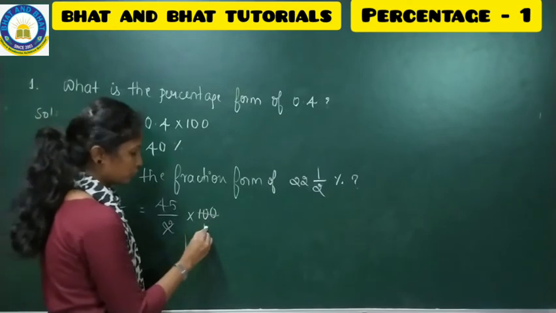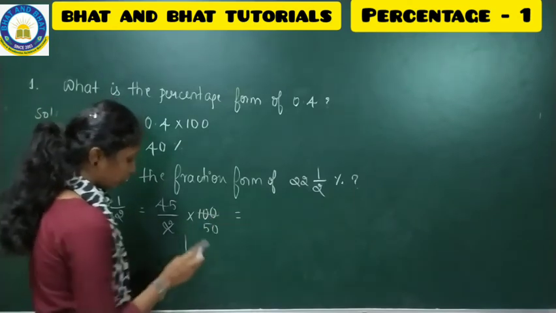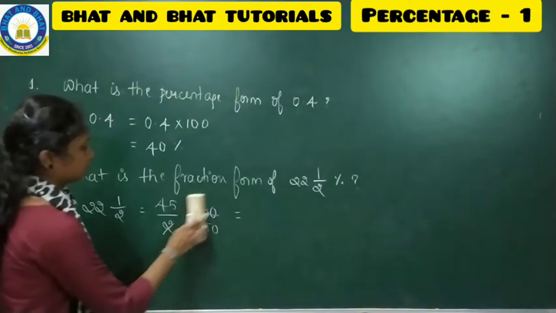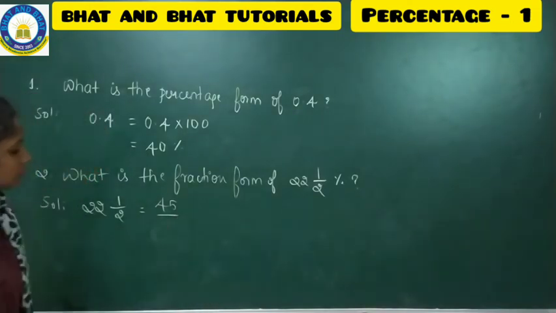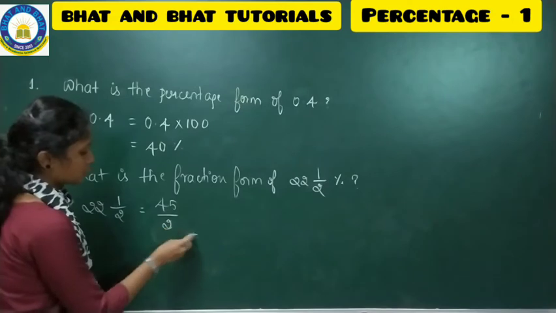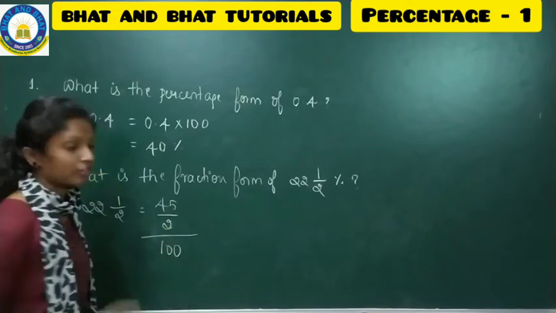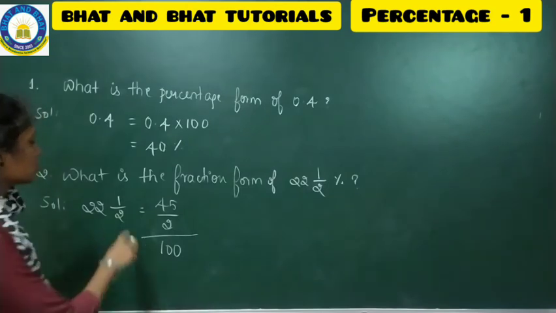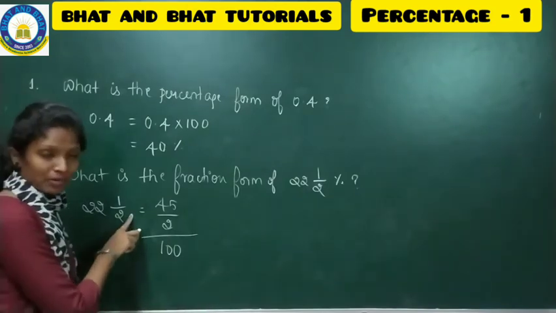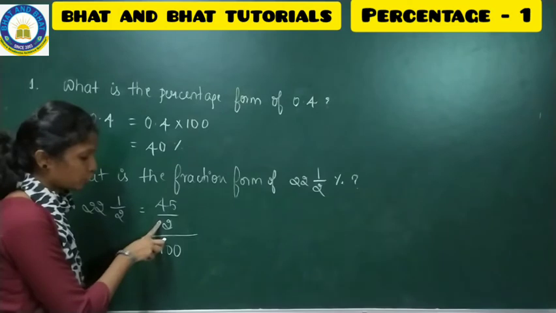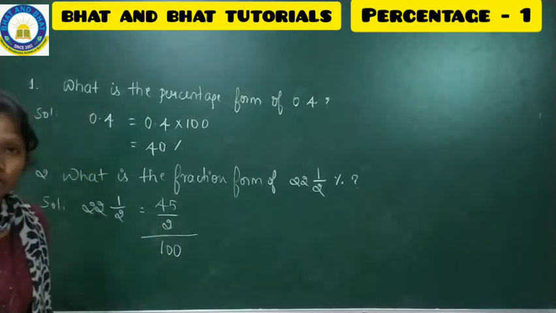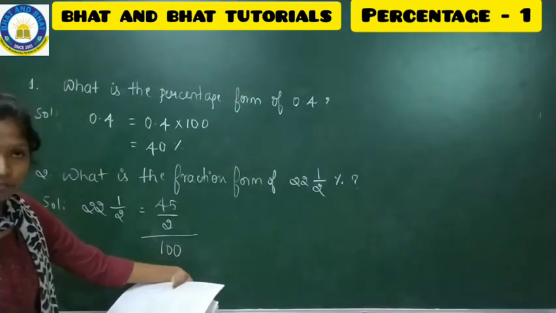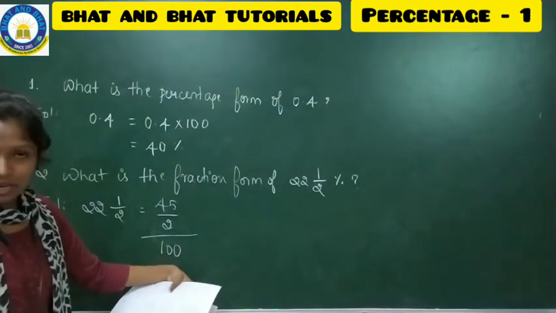So 45/2, the whole divided by 100, since I have to express that in the fractional format. When I have converted the mixed fraction into proper fraction, I got 45 by 2, and since it is a percentage, I divide by 100.